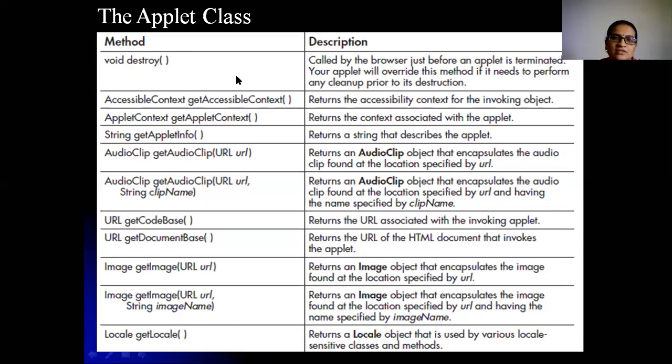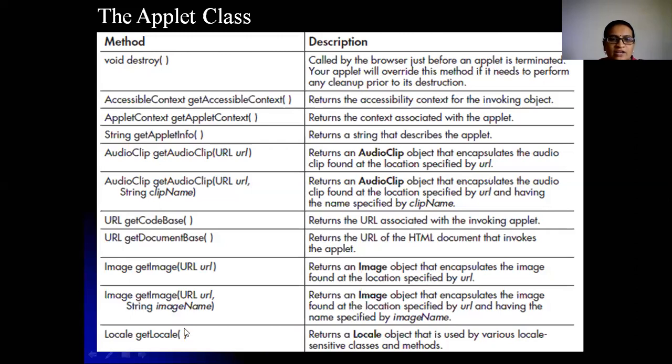These are the methods which are available with the applet class. You just go through them once. Void destroy is called by a browser just before the applet is terminated. This method is just to clean up the memory or the resources allocated for that applet class.